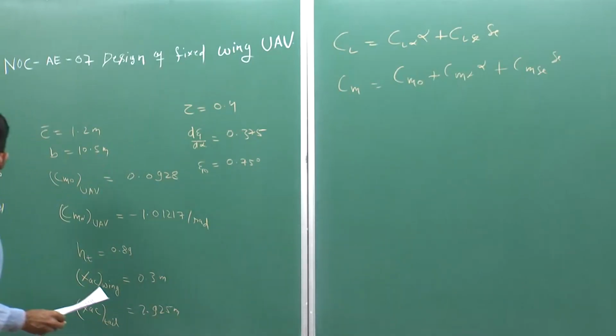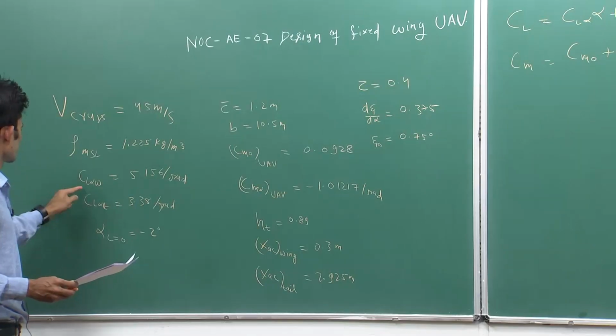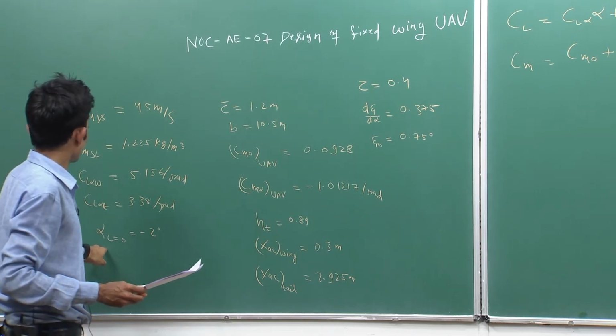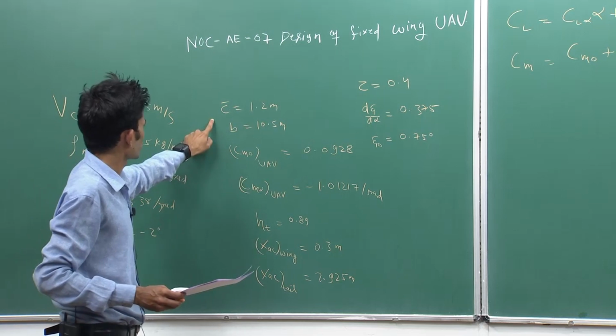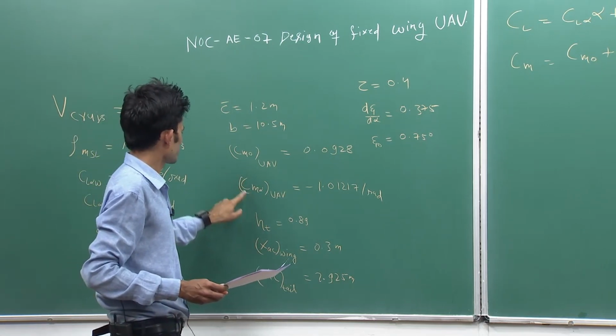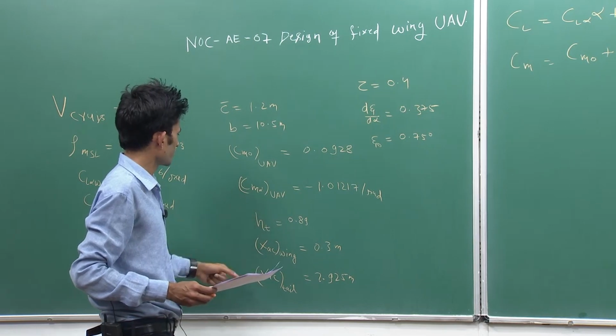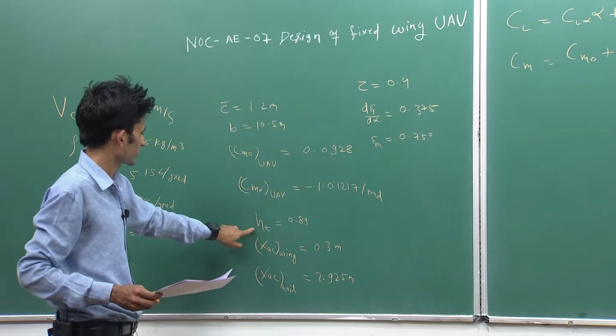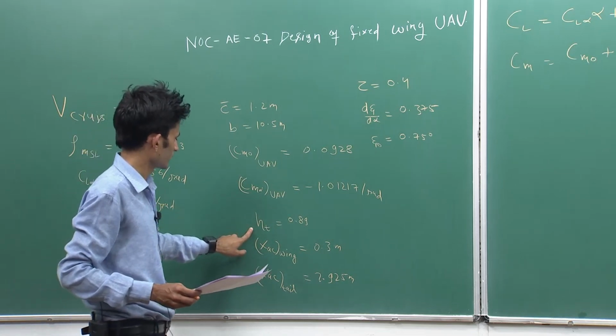So nomenclature has their usual aerodynamic meaning. V is speed, rho is density, the lift curve slope of wing, lift curve slope of tail, angle of attack when lift equal to 0, mean aerodynamic chord, span, pitching moment coefficient at 0 angle of attack, pitch stability derivative of whole UAV, tail efficiency factor. This is nothing but dynamic pressure on the tail divided by dynamic pressure on the wing.